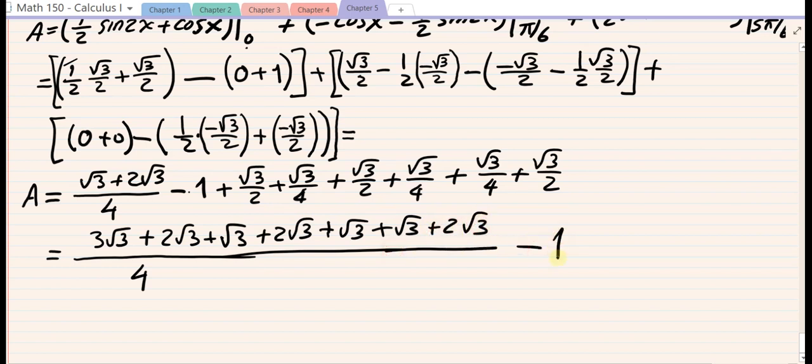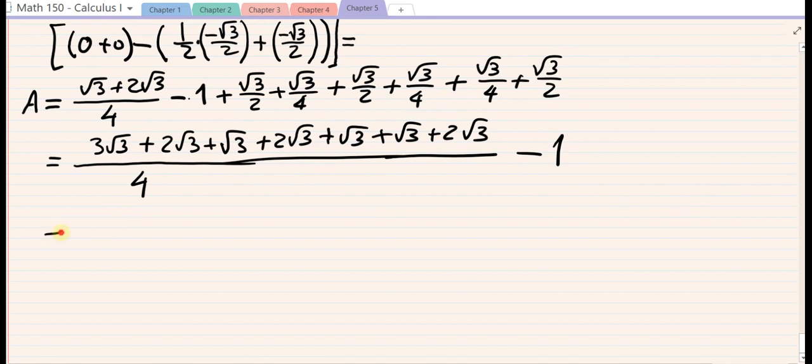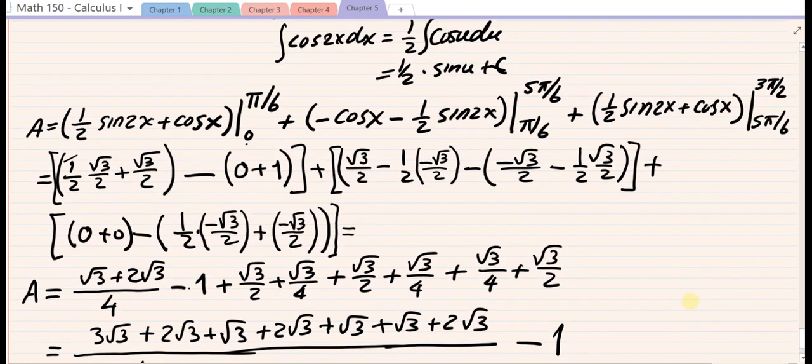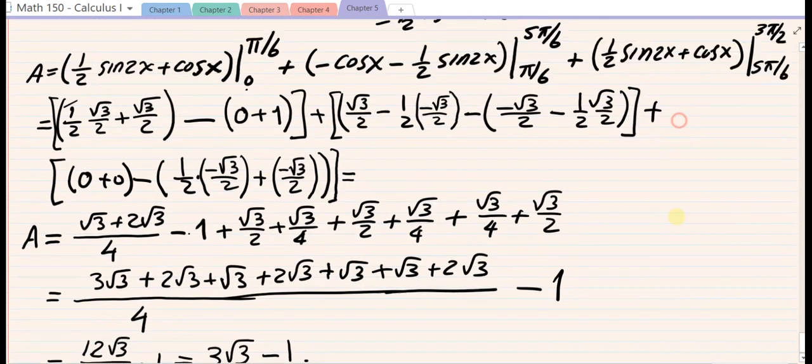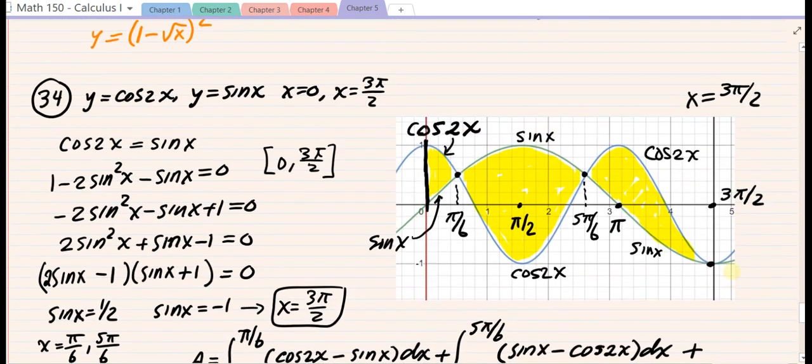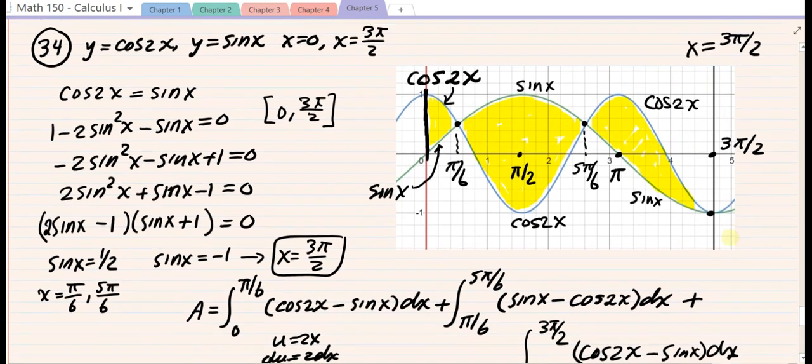Minus 1. Now if I count how many like radicals there are, 3 and 2, 5, 6, 8, 9, 10, 12. So I have 12 radicals, and 12 over 4 is 3, so that's 3 root 3 minus 1. Boy. The arithmetic of that one is what took so long. Okay, so anyway, that's going to be the area between these two curves in number 34.